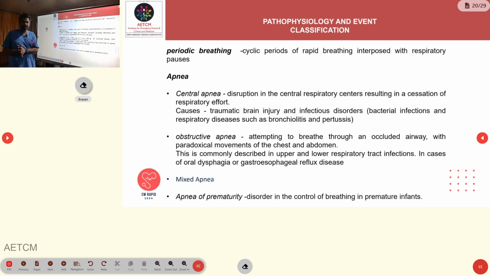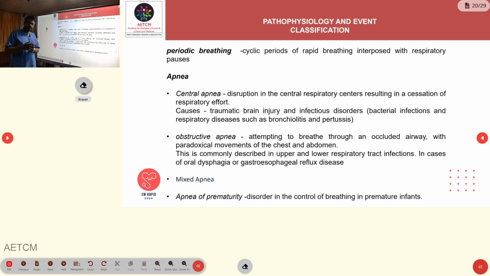Some of the events that our caretakers will be telling us are like abnormal breathing, that can be either periodic breathing or apneas. Periodic breathing are the cyclic periods of rapid breathing interposed with respiratory pauses that may be frightening to the caretakers. Then the next one will be the apnea.